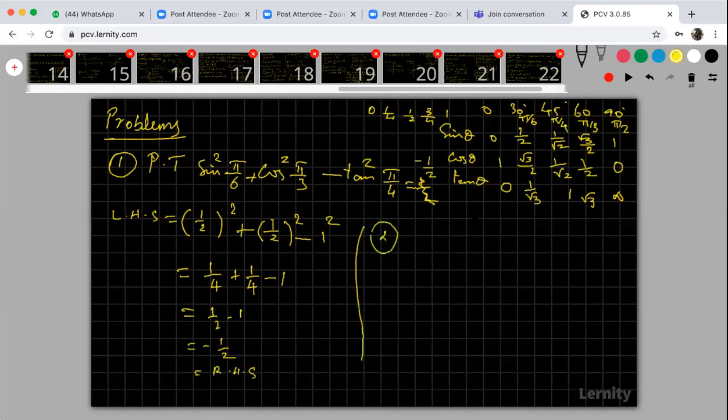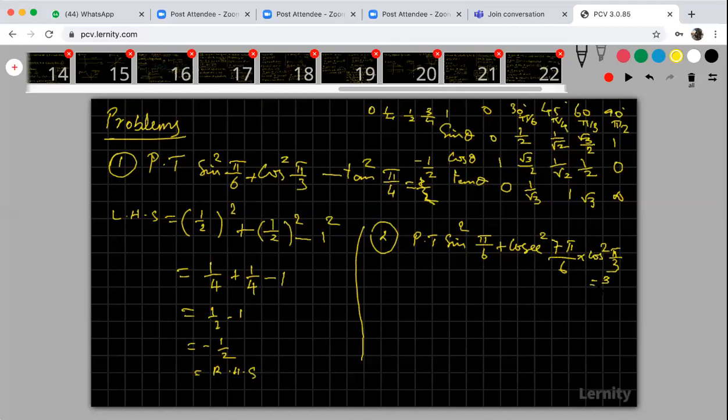See the second example, do that. Sine square of pi by 6 plus cosecant square of 7 pi by 6 into cos square pi by 3 equal to 3 pi by 2.